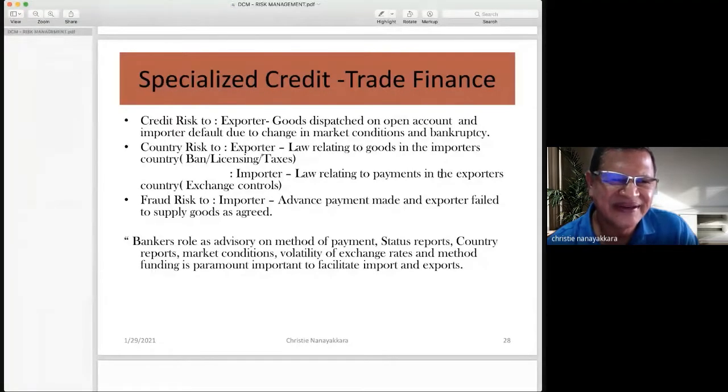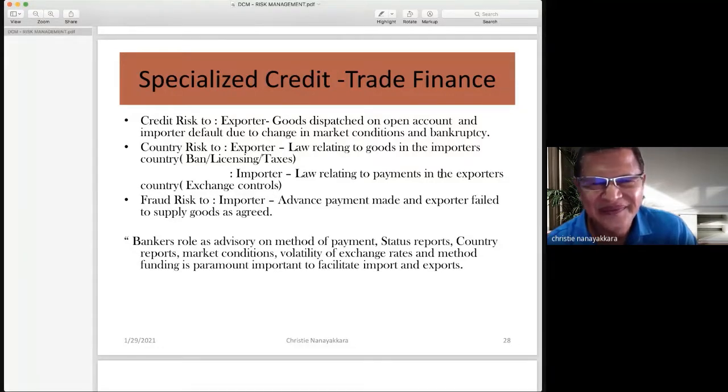But he will give an undertaking to pay at a specified future date. So he will get credit for that particular period. That type of letter of credit we call letter of credit usance. So there are two types of letter of credit: sight and usance.